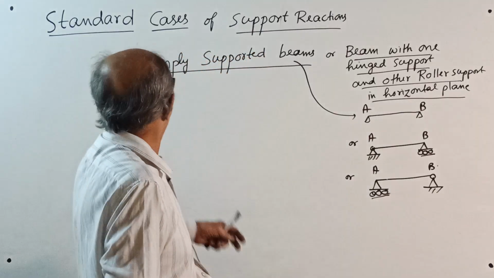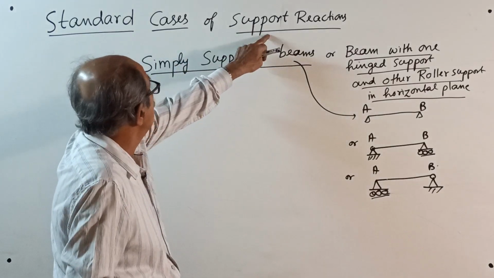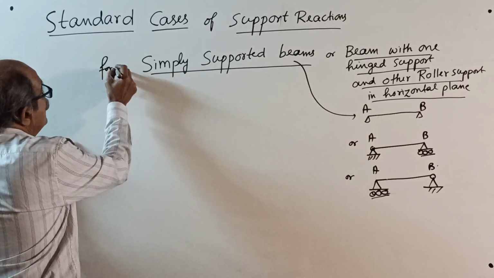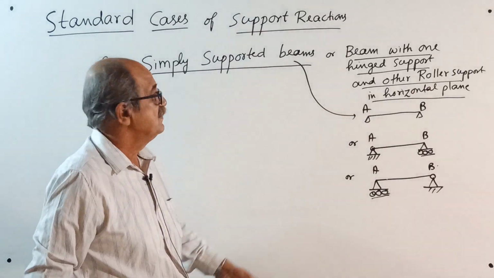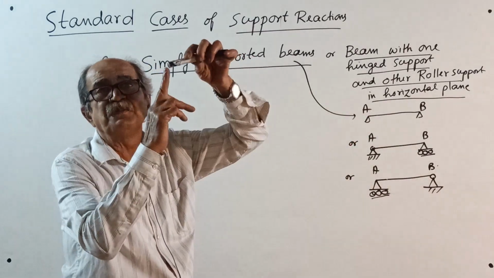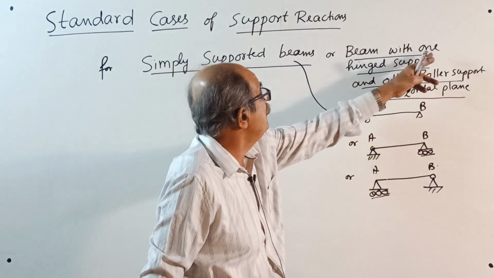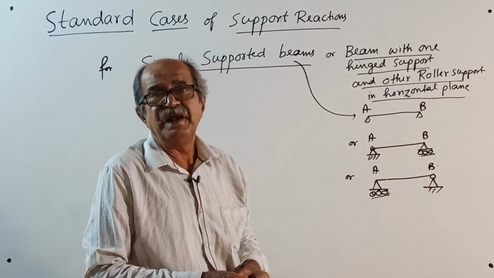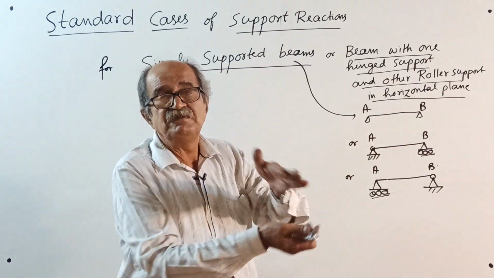Now, standard cases of support reactions for simply supported beams. Here, two simple supports, or a beam with a hinged support at one end and a roller support at the other end. Roller means in the horizontal plane.